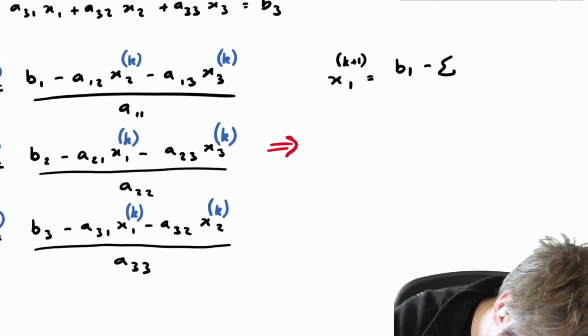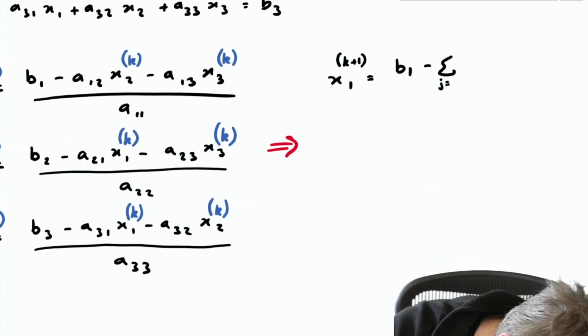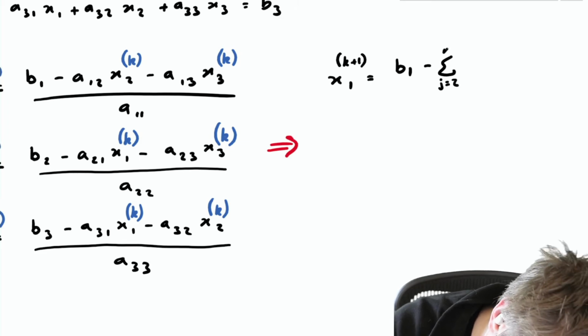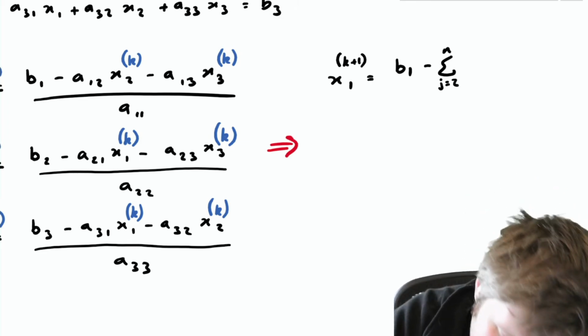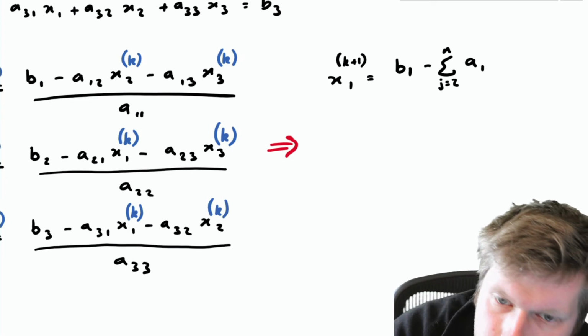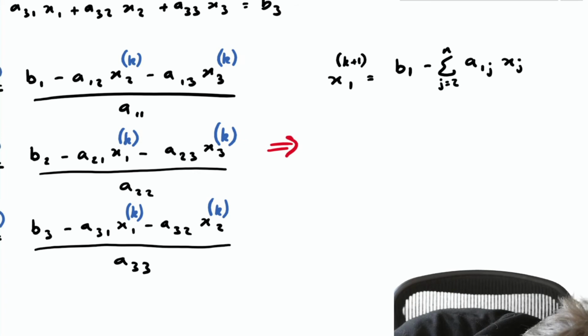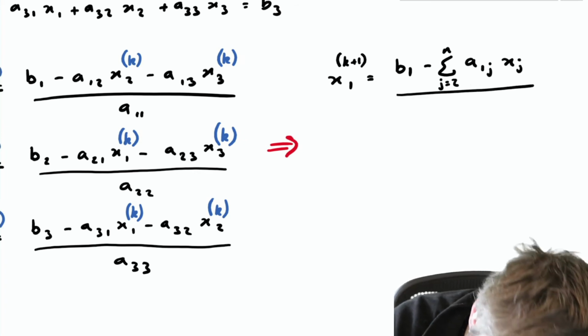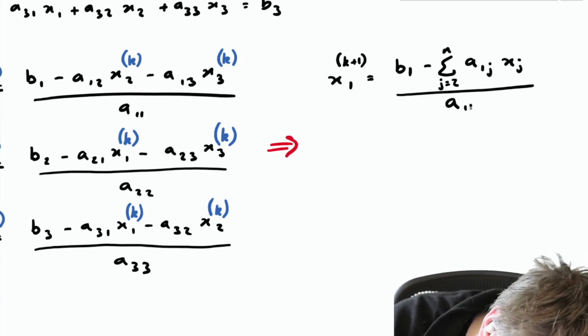So I'll take the sum from j equals 2, right the way to how many unknowns I've got, of a1j, because it's the first row, but I'm changing the column as I work across, times xj, which is my unknown, all divided by a11.